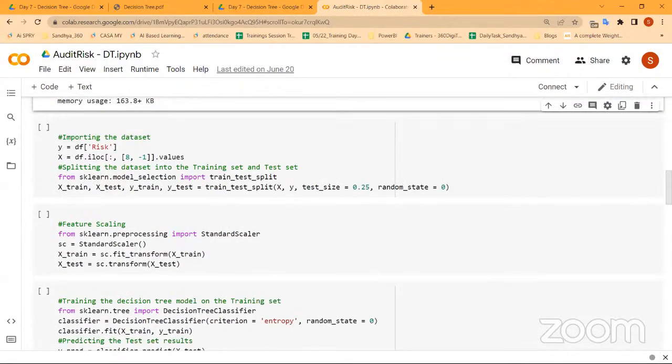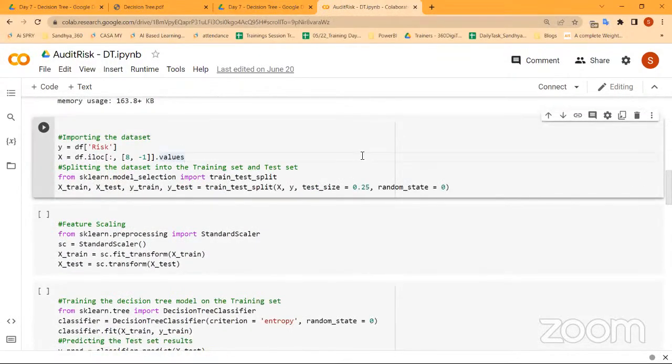And then we are again trying to split the data. Let's say I'm using train_test_split to split my data. So from sklearn.model_selection import train_test_split, and I'm sending my X and Y. And here I'm defining my test size as 0.25, which means the test size is 25% and the train size is 75%.